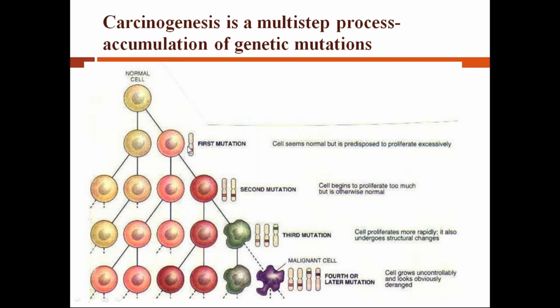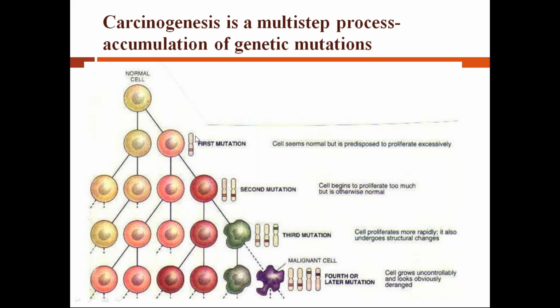In the first generation of daughter cells, for example, there is mutation in the proto-oncogene. In the second generation, there can be mutation in another proto-oncogene in addition to mutation in a DNA repair gene. In the third generation, there is genetic alteration in the apoptotic gene, and in the fourth generation, mutation in the tumor suppressor gene.